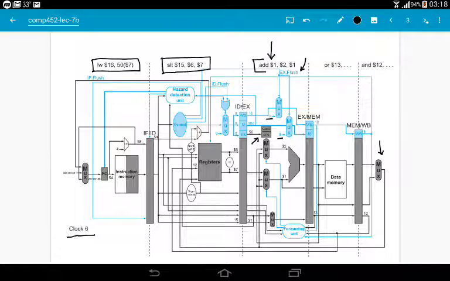And since this is an add instruction, it has nothing to do with data memory, but memory read and memory write signals will also be set to 0.